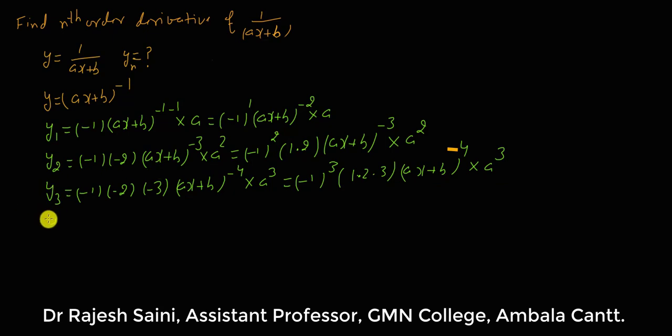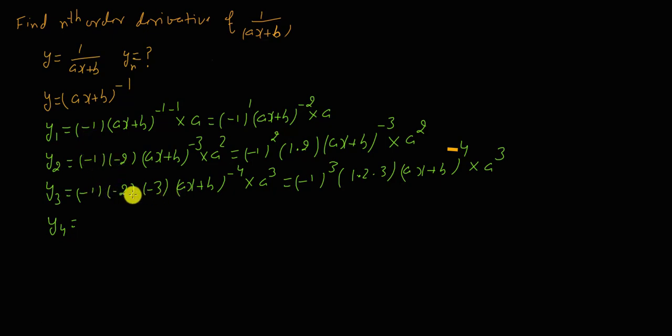Now one more time, last time we are going to differentiate, then we will generalize. Differentiate this one so that we could generalize, because generalization means here is minus 1, here is minus 2, here is minus 3. One more time it will be minus 4, minus 1, minus 2, minus 3.